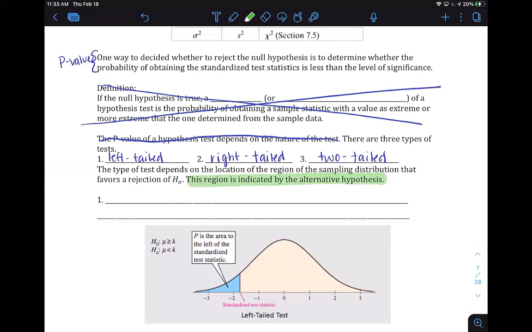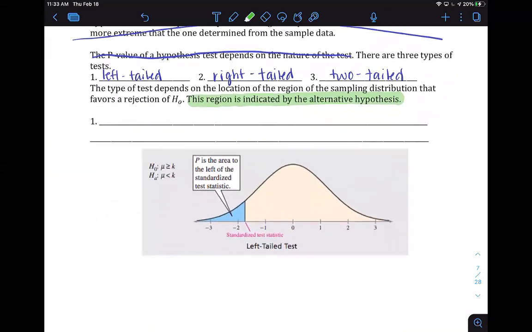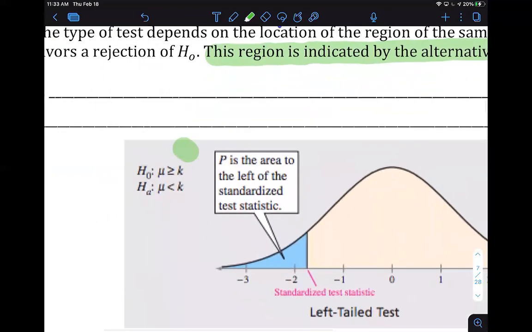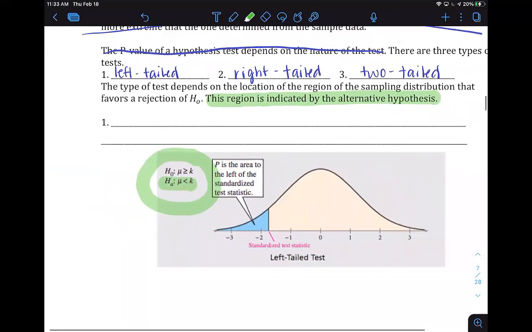So we look at this first one, the left-tailed test. If you look at that expression and you look at that alternative hypothesis, it's less than. Less than is pointing to the left, so it's a left-tailed test. Does that make sense? I'm kind of summarizing some of this.